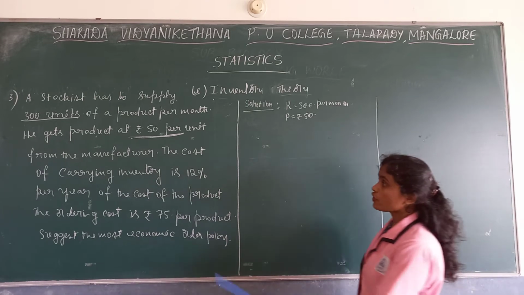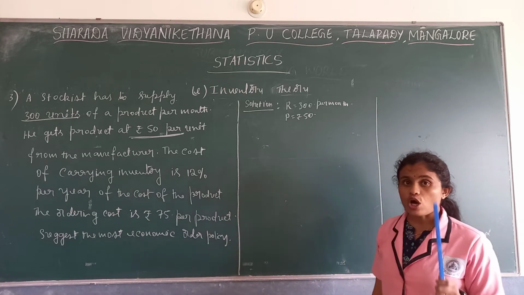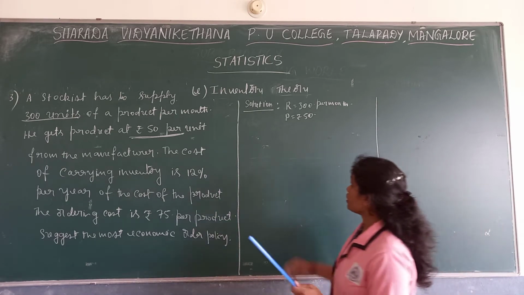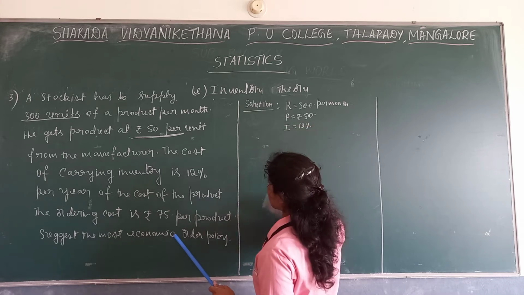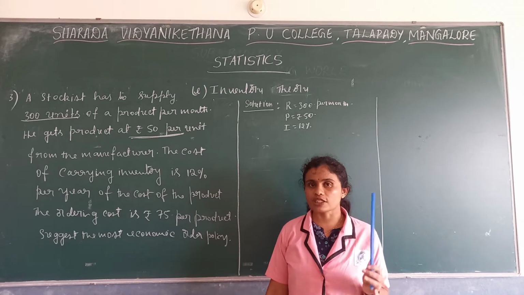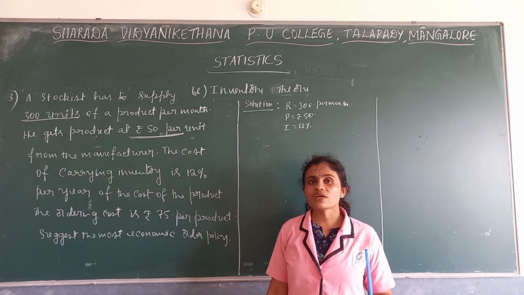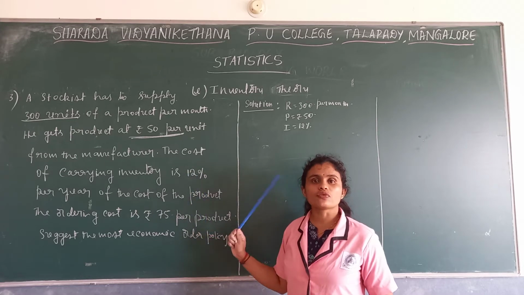The cost of carrying inventory is 12%. As I said in the note I have given after the problem, if your C1 is presented in the form of percentage, what we need to do?